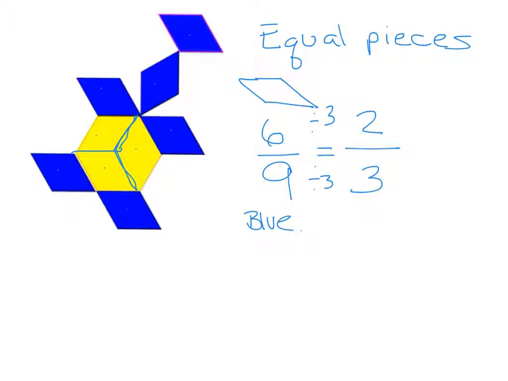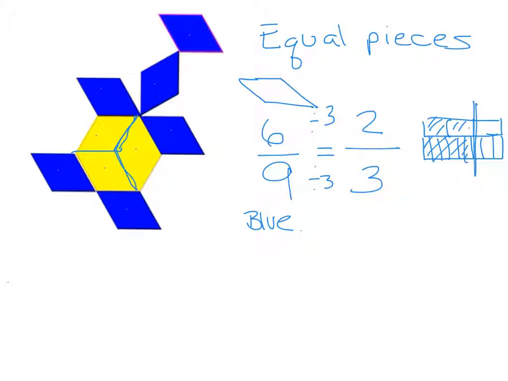I know on my fraction strips as well, it'll work out the same way: if I have 3 slices and 2 of them colored in, and I have 9 slices and I have 6 of them colored in, they'll be equal amounts, so I know they're equivalent fractions.